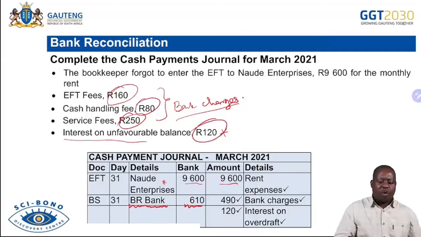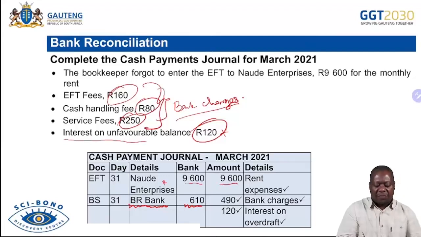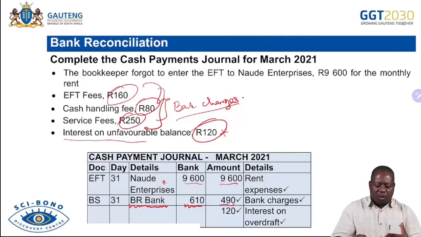Now, after that, we are going to add the first three, and we are going to say this is 490, and these are bank charges. And we are going to bring the 120 on its own because it is interest on overdraft.